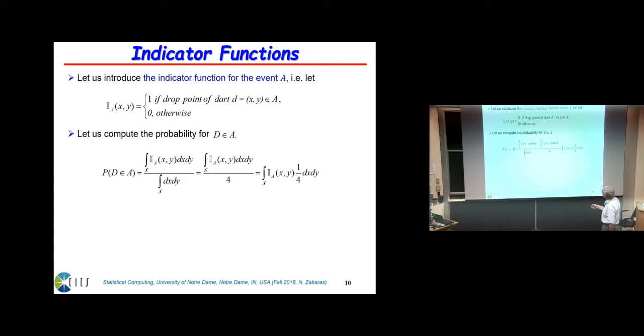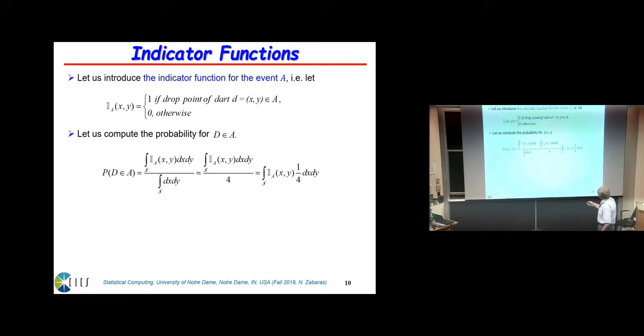You remember I mentioned that the probability of D being on the circle is the area of the circle divided by the area of the square. So let me rewrite the area of the circle with this integral. I want you to tell me that you agree with me that this is correct. Is this the area of the circle really? Before, my previous equation had an integral over A of dx dy.